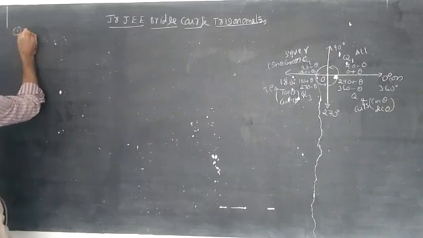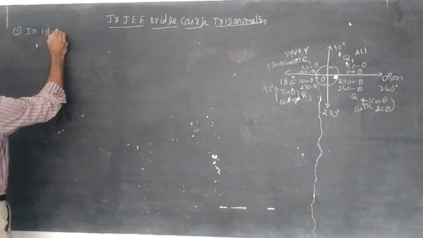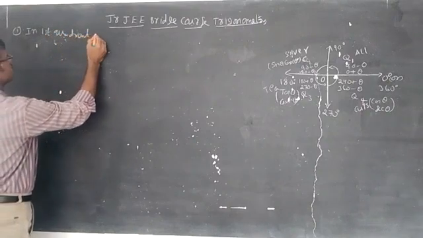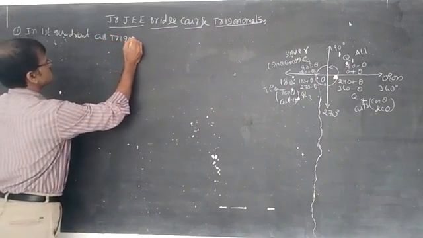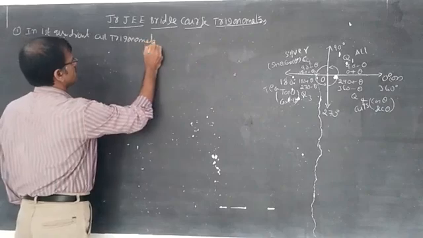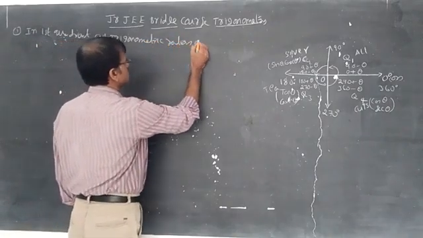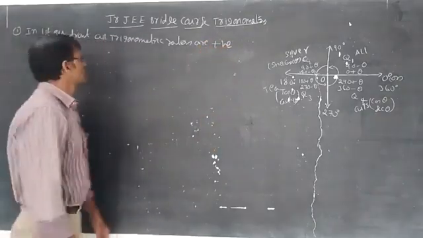First one, in the first quadrant, you should write like this first of all as a formula. In the first quadrant, all trigonometric ratios are positive.